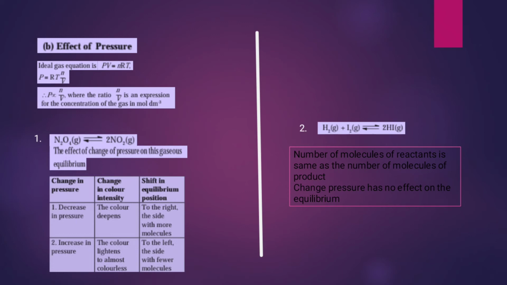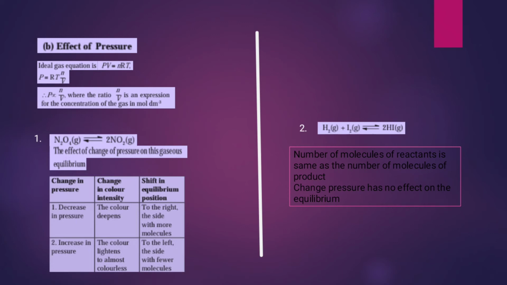Now let us see one more example. The second example you can see over here. You have H2 gas reacting with I2 gas, giving you 2 HI gas. Hydrogen reacts with iodine and you get the formation of hydrogen iodide. Now in this reaction, see the number of molecules in the reactant and product.